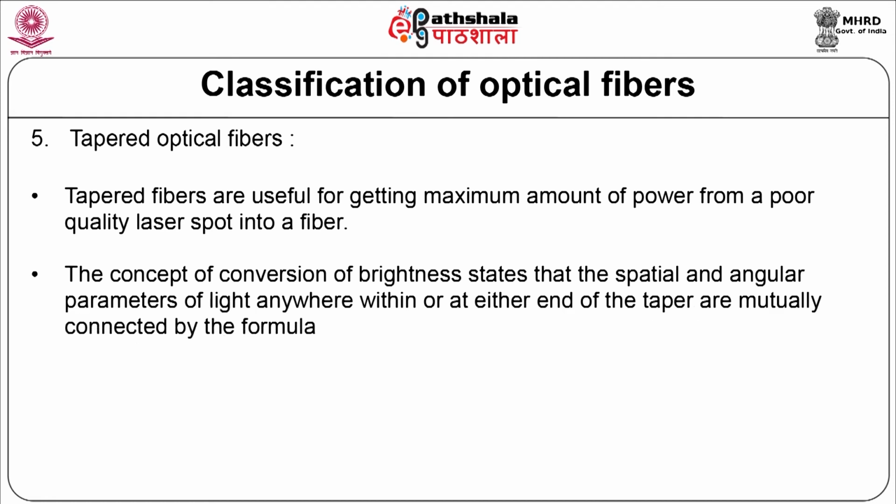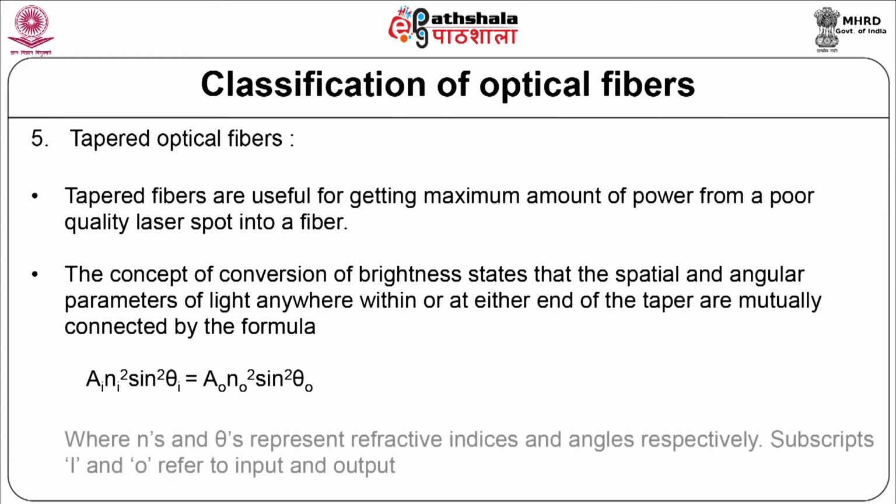The concept of conservation of brightness states that the spatial and the angular parameters of the light anywhere within or at either end of the taper are mutually connected by a formula: A1 squared N1 squared sin squared theta 1 is equal to A0 squared N0 squared sin squared theta 0, where N's and thetas represent the refractive indices and angles respectively. Subscripts 1 and 0 refer to input and output.